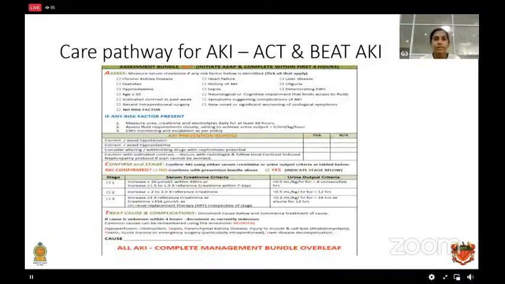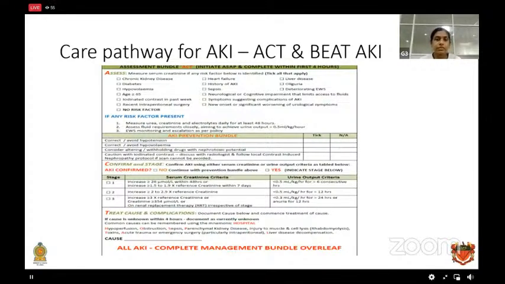So this is the last bit. This is a summary of the whole thing I said. Some hospitals have a care pathway for AKI. So if you are alerted that this patient is going to have acute kidney injury, this is a good care bundle. It is called ACT-BEAT AKI. So the assessment includes all the risk factors, then confirm and staging.